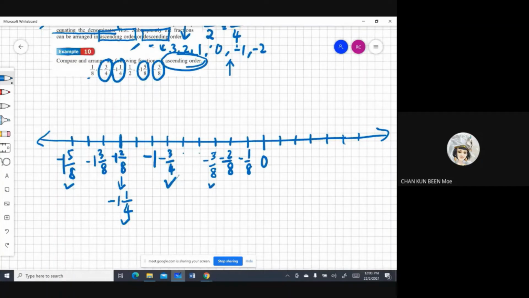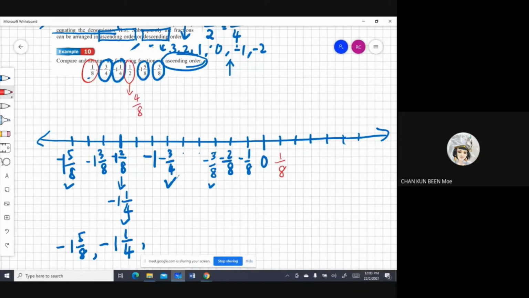According to the number line that we have drawn, we can state it in ascending order, whereby negative 1, 5 over 8 comes first, followed by negative 1, 1 over 4. And then the rest we need to see. I change the color now. This is 1 over 8, to the right, here. And then we have 1 over 2, which is equal to 4 over 8.